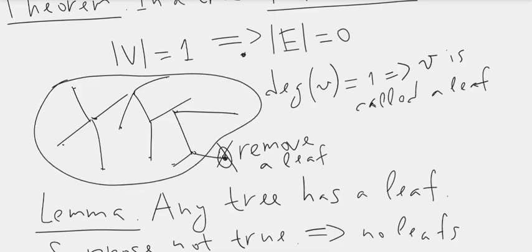So obviously this new graph, with the removed vertex, would still be a tree. It is still connected.